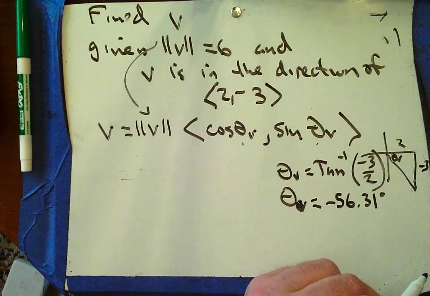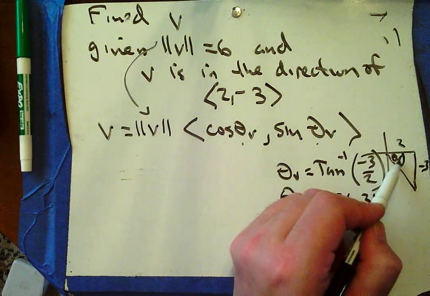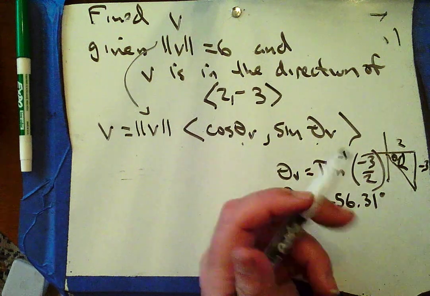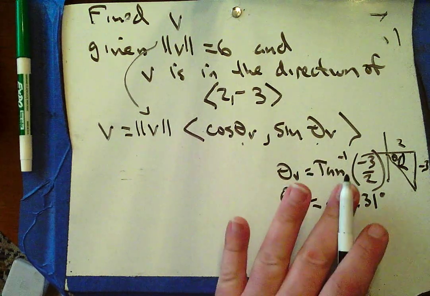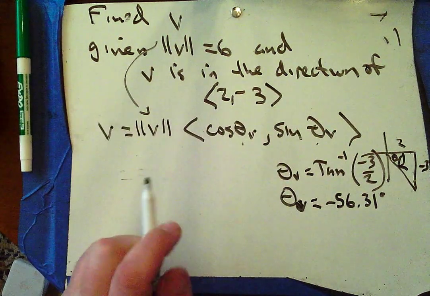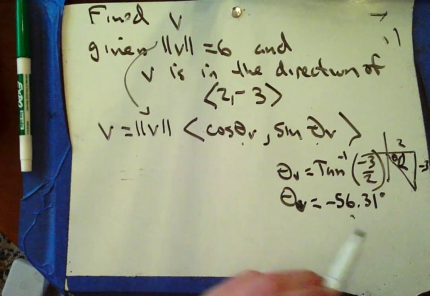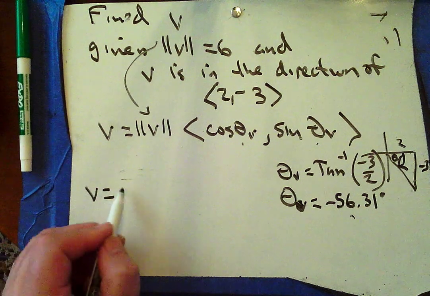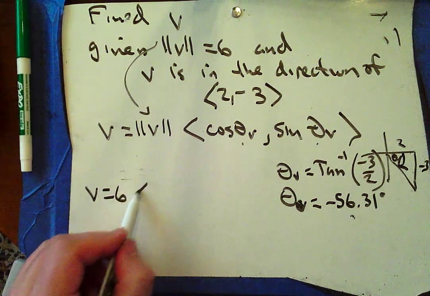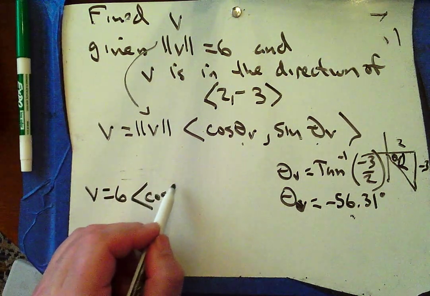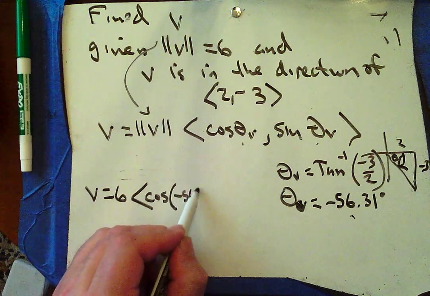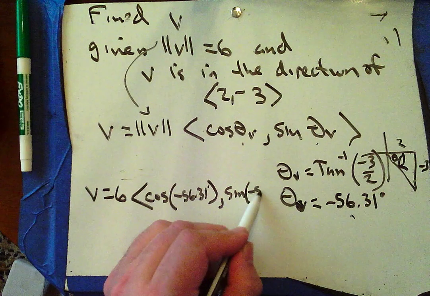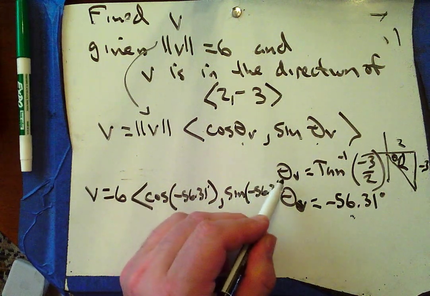Okay, so yeah, I can describe that as negative. However, it's inside the triangle, and so I really think it's positive. But for the purposes of writing this component form, I want to use this negative angle. Okay, so then v would be 6 cosine negative 56.31, comma, sine negative 56.31.